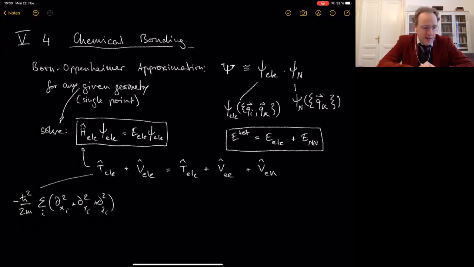And this is something we discussed already. So we can look at these terms again. So you have these two guys are the same as minus, sorry, the repulsion.